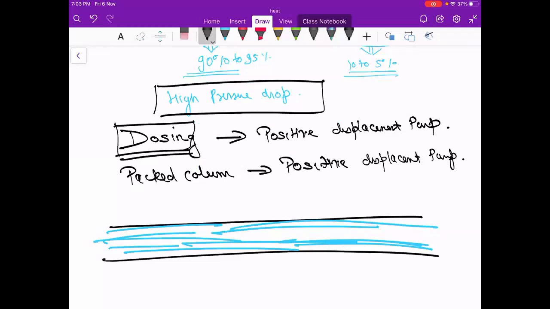If you want to enter a little amount of chemical in between, that will be done by dosing, and here we use a PD pump.